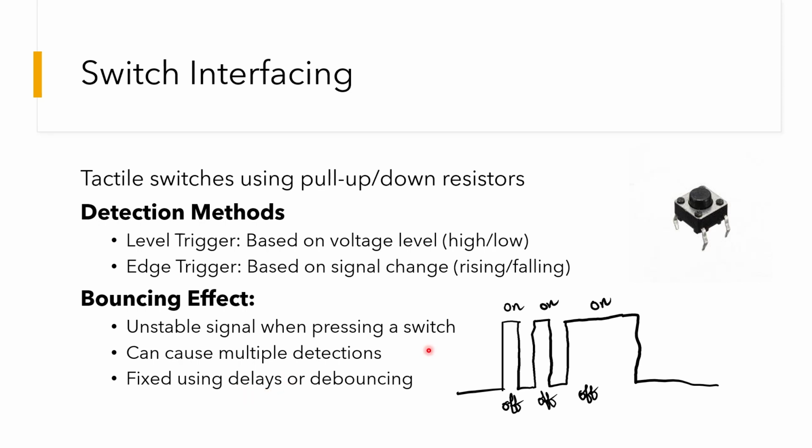When you press a switch, you wait for some time so that it is in an on state. You basically program that. You can see this is a representation of the bouncing effect. So we use software debouncing techniques to remove the bouncing effect.